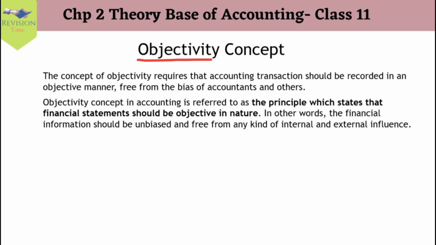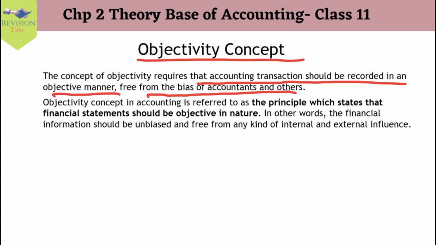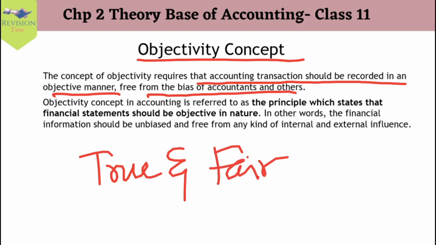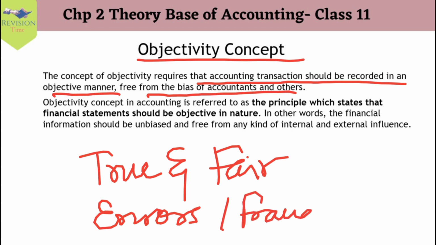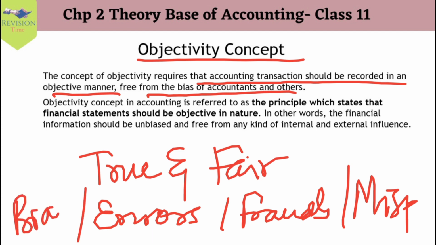Next one we have is objectivity concept. This concept states that accounting transactions should be recorded in an objective manner, free from bias of accountants and others. Here, this concept states that the accounting information which is presented must be true and fair, must be free from errors, frauds, misrepresentation or biasness, right?